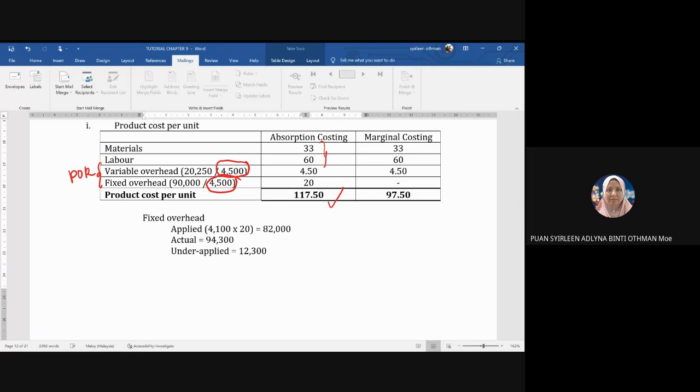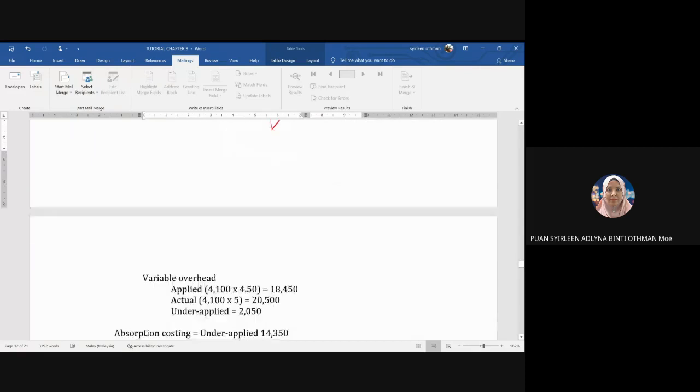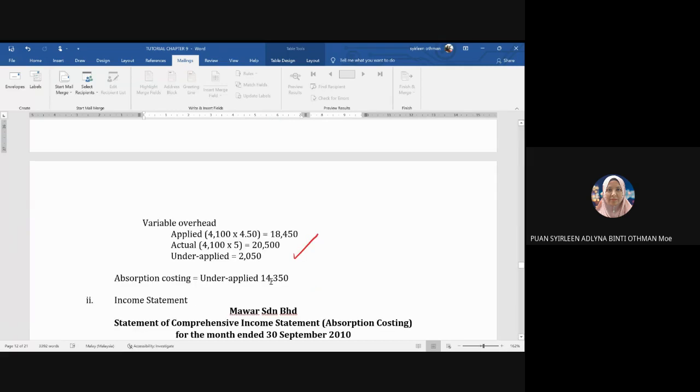So adjustment untuk fix, you akan dapat under applied by 12,300. Untuk variable, you akan dapat under applied by 2,050 ringgit. Okay, so untuk absorption, it's under applied by 14,350. Untuk marginal ialah 2,500.